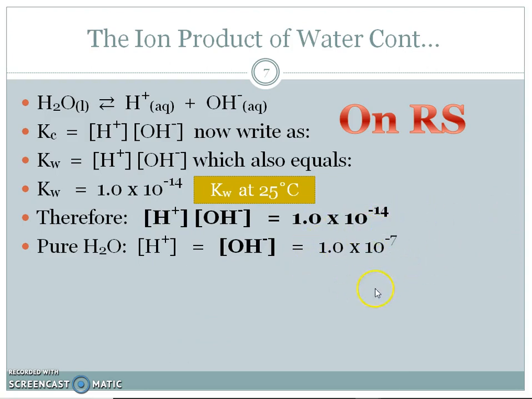So each of those H+ and each of those OH- are going to have a concentration of 1 times 10 to the negative 7. We're going to talk about pH later, but that should be interesting for you to think about: the pH scale is 0 to 14, and our neutral water solution right in the middle would be a pH of 7. So that's going to be important later on.